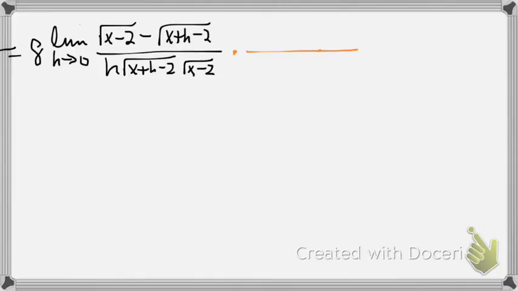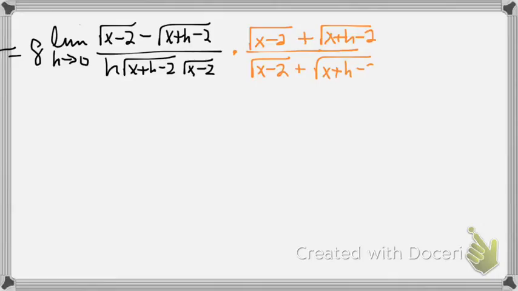So what do I use? Square root of x minus 2 plus square root of x plus h minus 2. You guys agree? All right. Now, it looks like we're making a terrible mess in the denominator, but the good news is we're not multiplying it out. We're just going to tack it on and accept it.